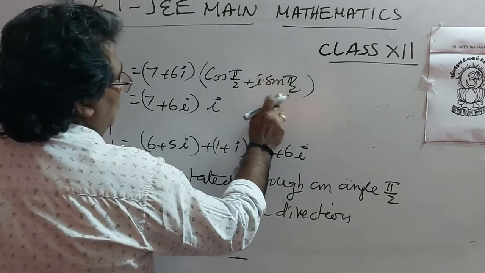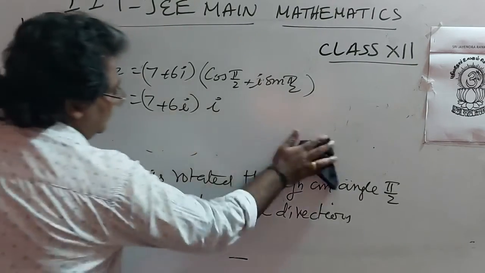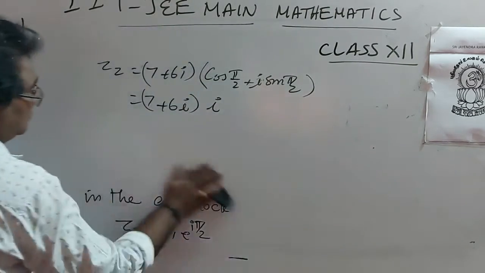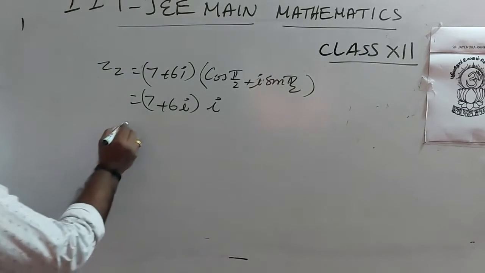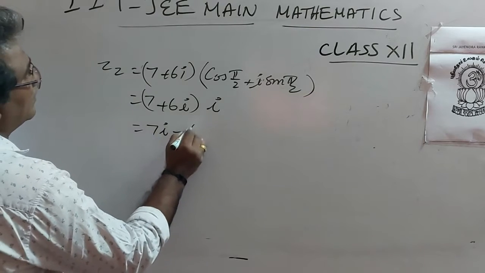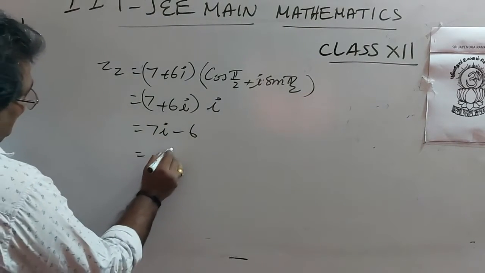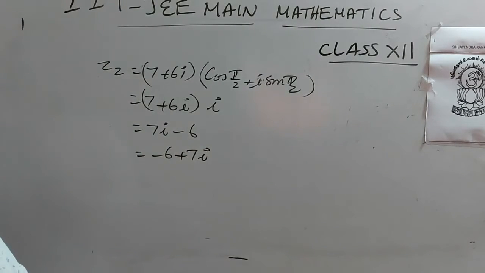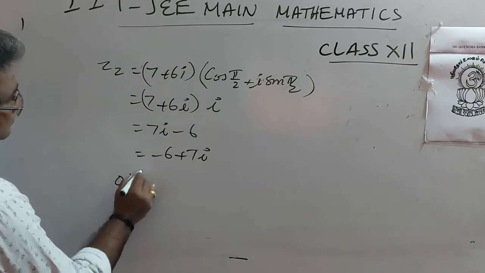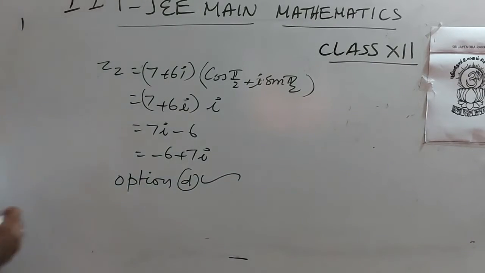This is (0, 1) into i. 7i minus 6, that is minus 6 plus 7i. So option D is correct.